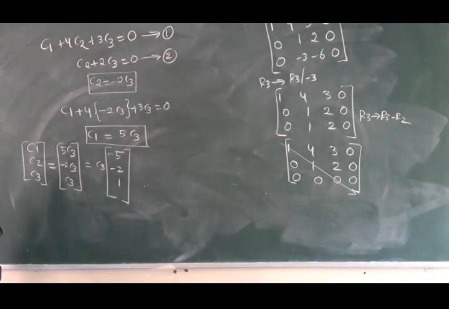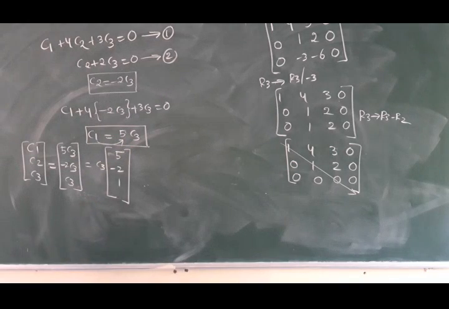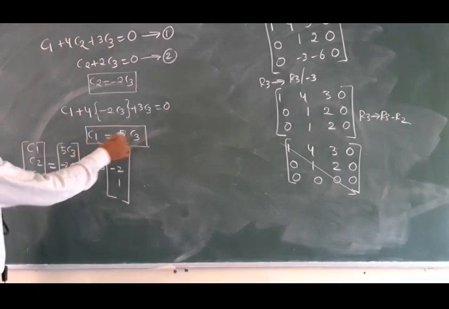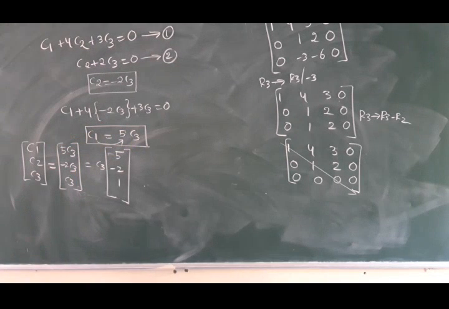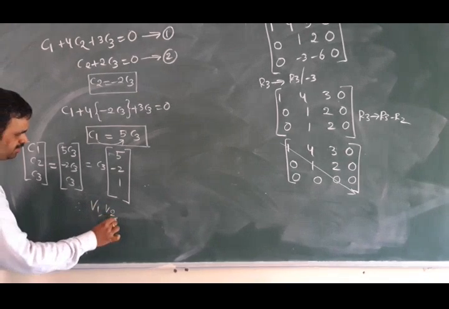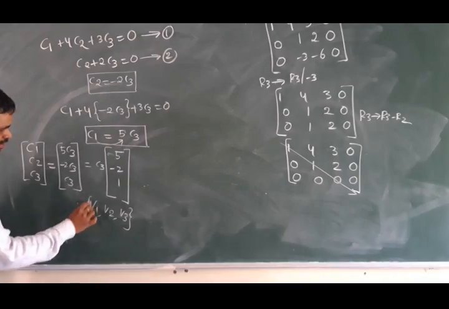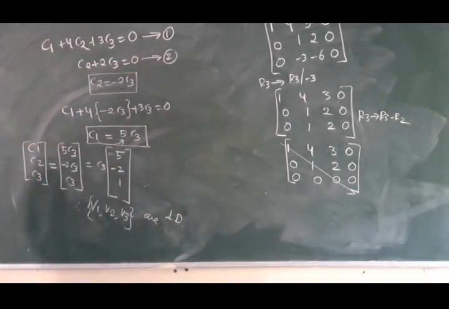Of course, these coefficients are not equal to 0. We got C1 and C2 in terms of C3, so they are dependent. One vector is a scalar multiple of the other. Simply I can say the given vectors V1, V2, V3 are linearly dependent.